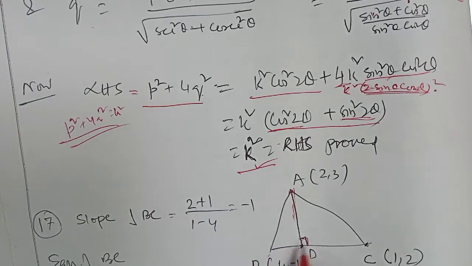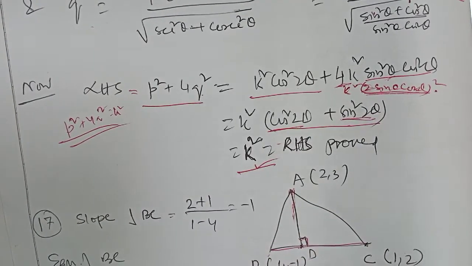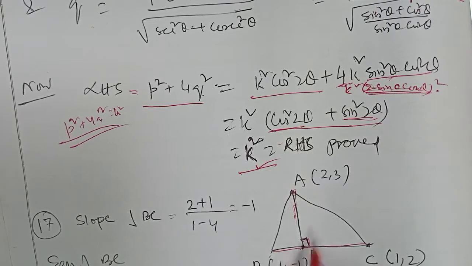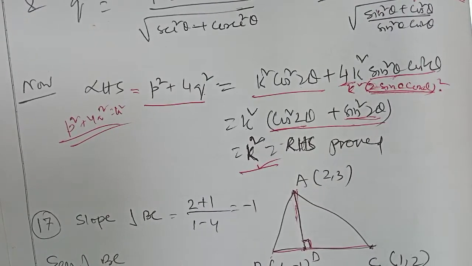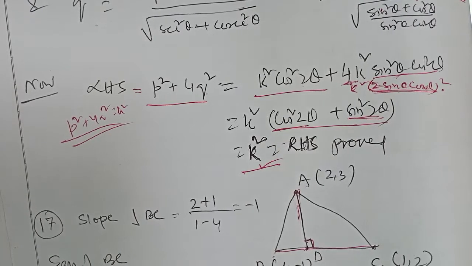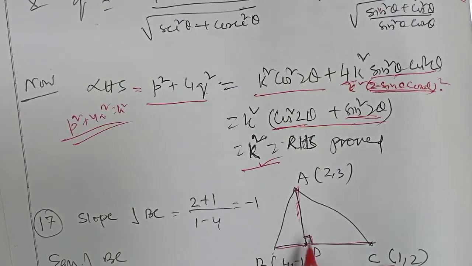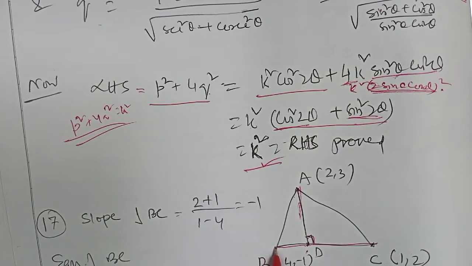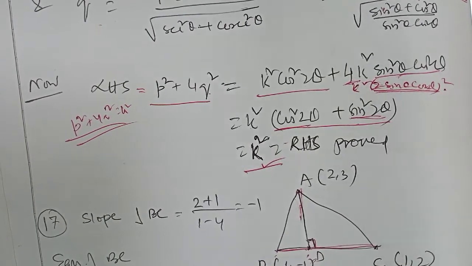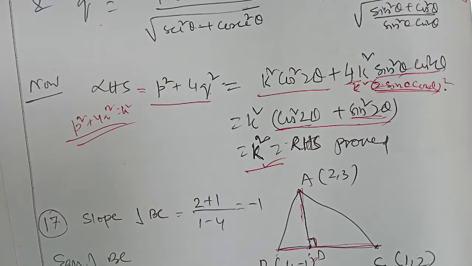Okay, so what we will do is find the slope of BC, it is given. Then the equation of BC we can get. The equation is required to find the perpendicular distance. Now the slope of AD will be, since AD is perpendicular to BC, BC is -1, so 1 by -1, that is 1.